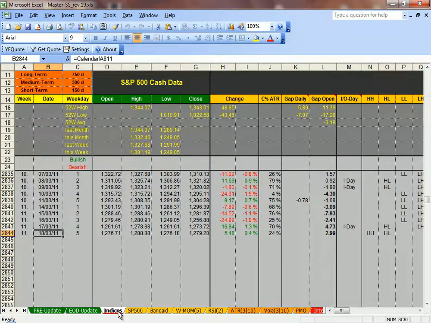A close back over that on a daily close could give us one more push up towards 1294 area, and maybe 1298, and that's where we're going to draw a line in the sand. Just under 1300, that should be contained. Much more than that, and we could be on our way to higher prices.